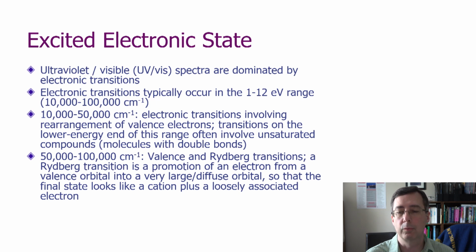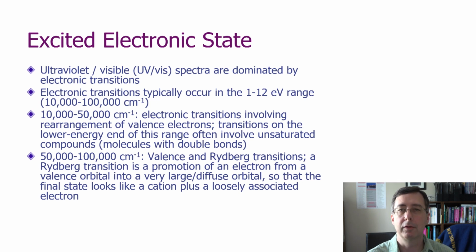valence and also Rydberg transitions. Now, what's a Rydberg transition? A Rydberg transition is one where you hop from a valence level that the electron is in into some big orbital that is far away from the nuclei, and it's typically a very large diffuse orbital.